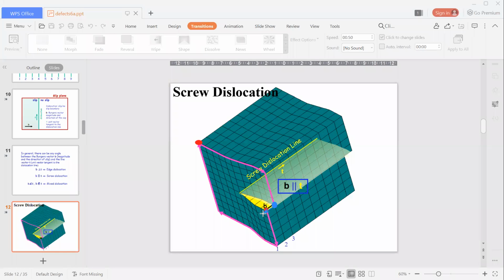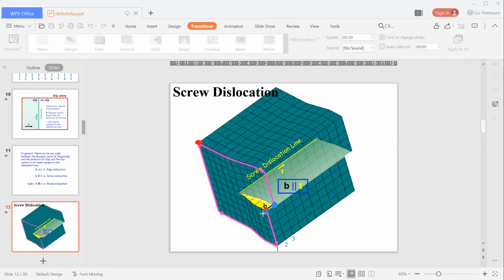This happens in a solid if the closed circuit which we have prepared contains a one-dimensional defect like dislocation. So whenever your closed circuit, which we now call the Burgers circuit, contains a dislocation, then the end point and the starting point do not overlap with each other, and the vector connecting the new point to the old point is the direction and magnitude of the Burgers vector.